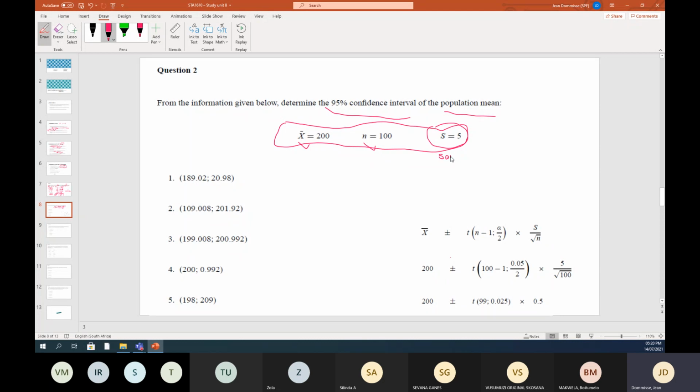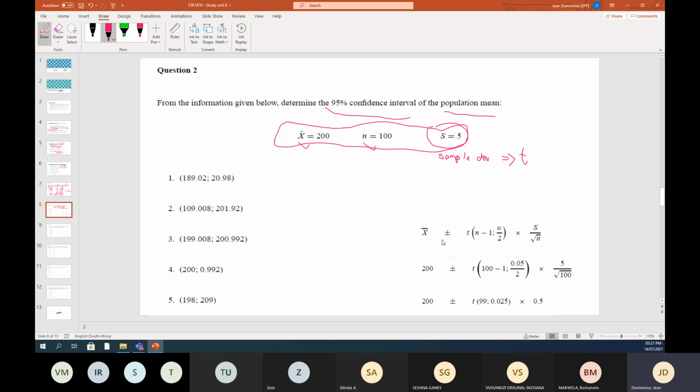That's the sample deviation. Okay, so if we have a sample deviation, we actually don't know what the population standard deviation is. So because we have a sample deviation, we need to work with the T formula.